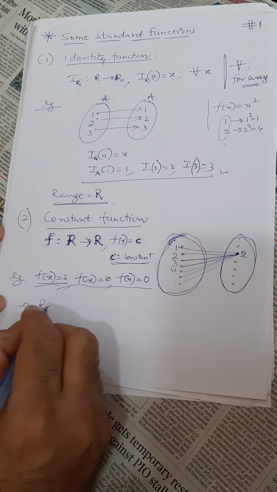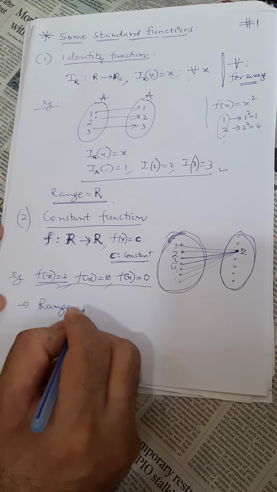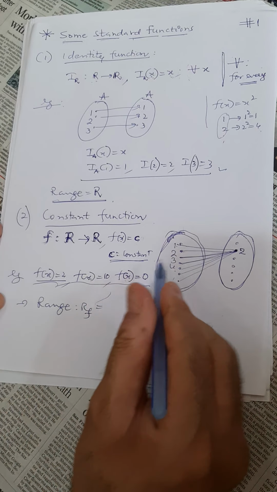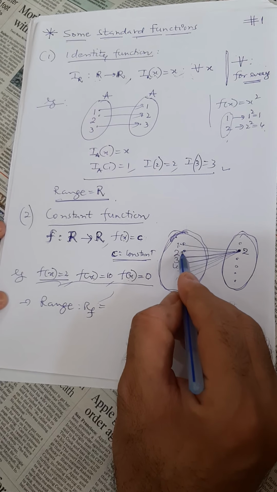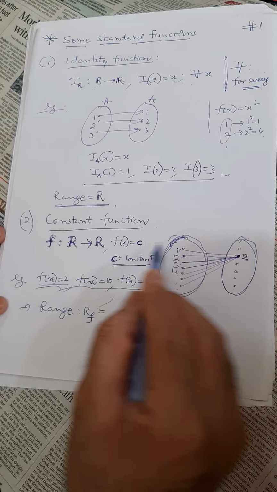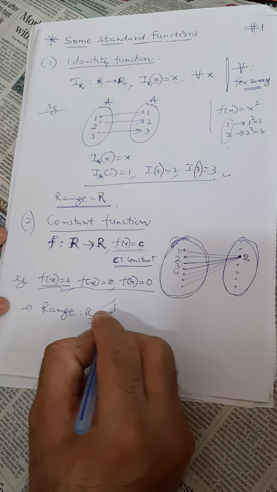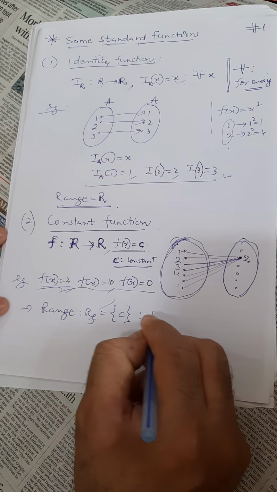What's the range of such a constant function? Range R_f will be the set of images. Every member goes to 2, so range will be {2}. Here every member goes to c, so range is {c}, which is a singleton set.